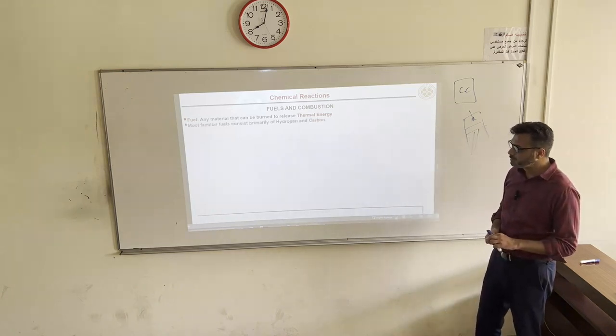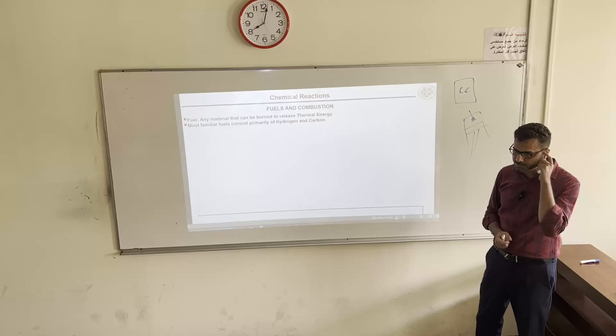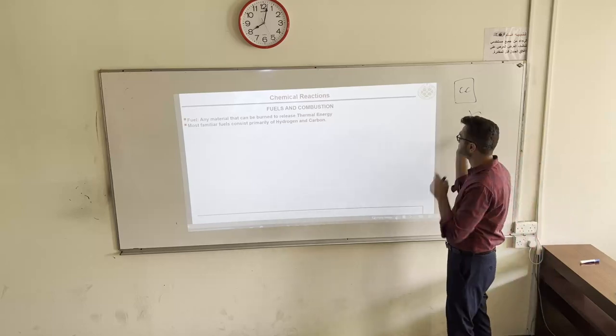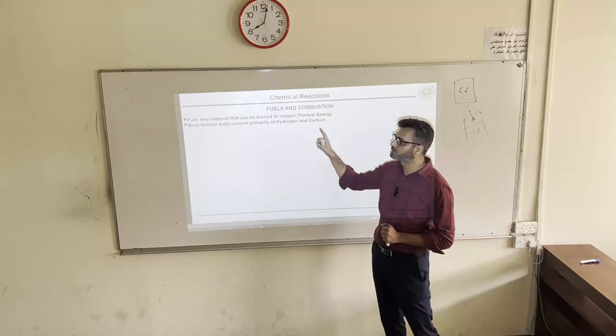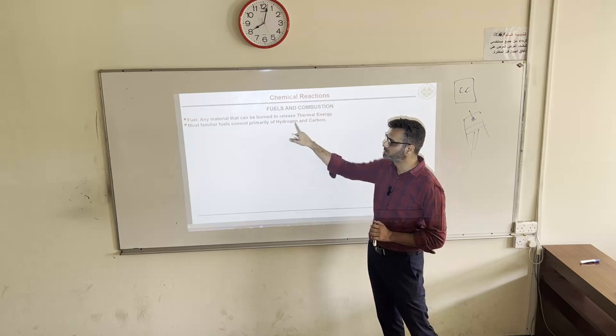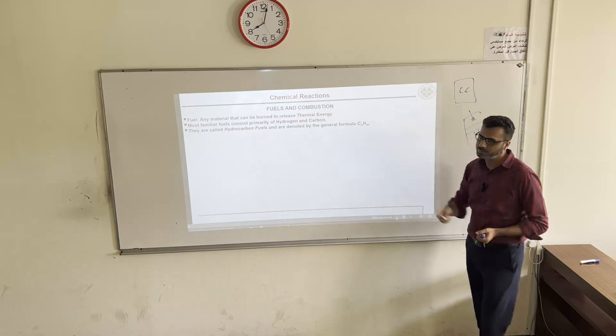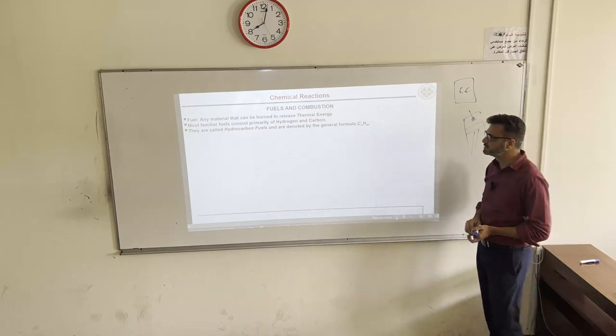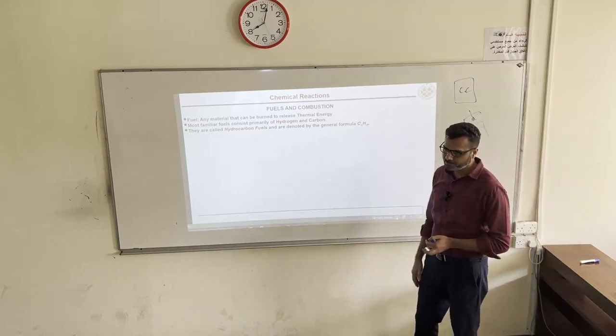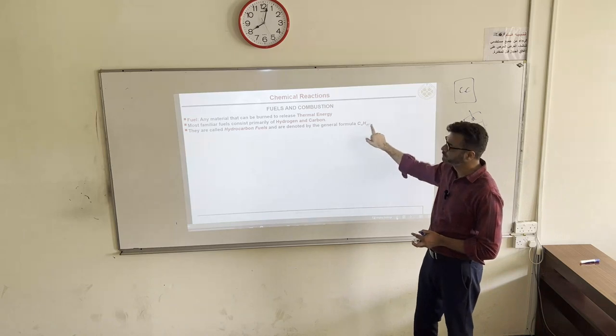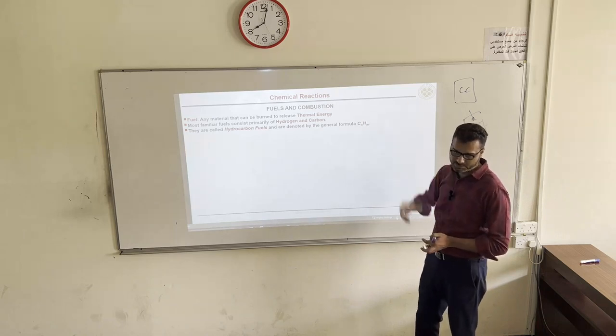The most commonly used fuels in various applications are all different compositions, different combinations of hydrogen and carbon. So in general, we call them hydrocarbon fuels, and this is the general formula for them. Like CH4, C2H4, C3H8, and so on.